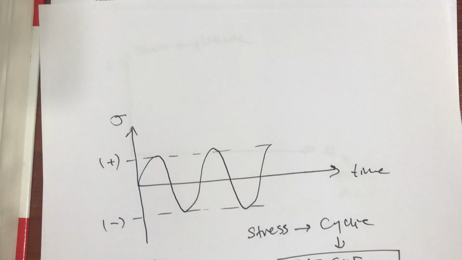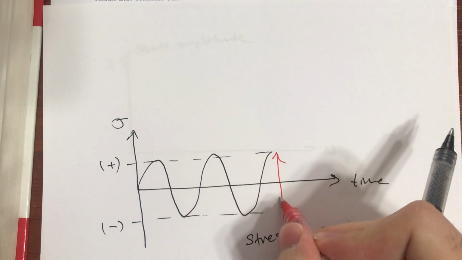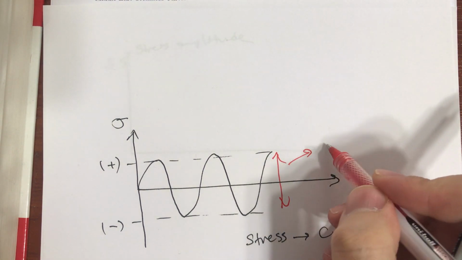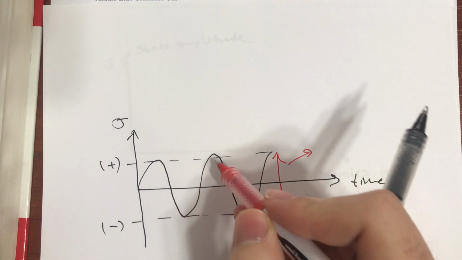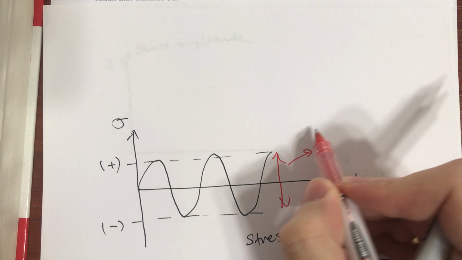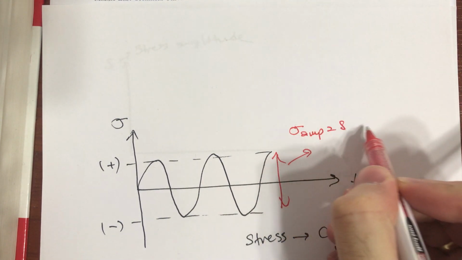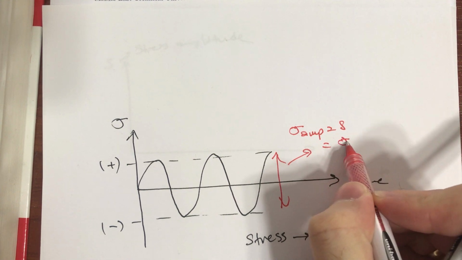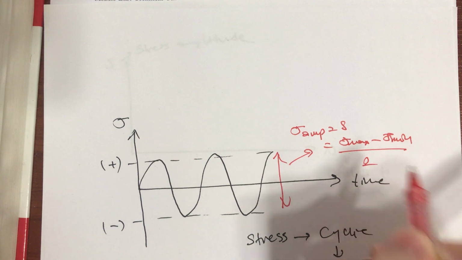Now the amplitude is half of the difference between the maximum of the cycle and the minimum of the cycle. So sigma amp, or S, is going to be sigma max minus sigma min divided by 2.